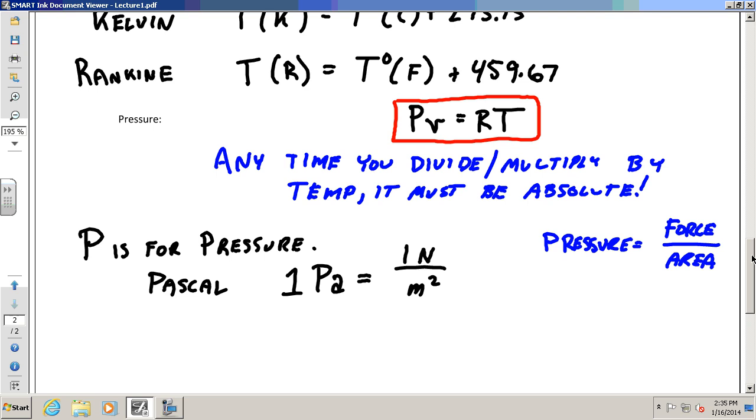I'm guessing we're usually working in kilopascals, because 1 Pascal is not a lot of pressure. In fact, remember what I said on how much a Newton weighs? A Newton is basically the weight of an apple. 1 meter squared, a meter is roughly 3 feet. It's a little longer. Imagine a quilt that was 3 feet by 3 feet.